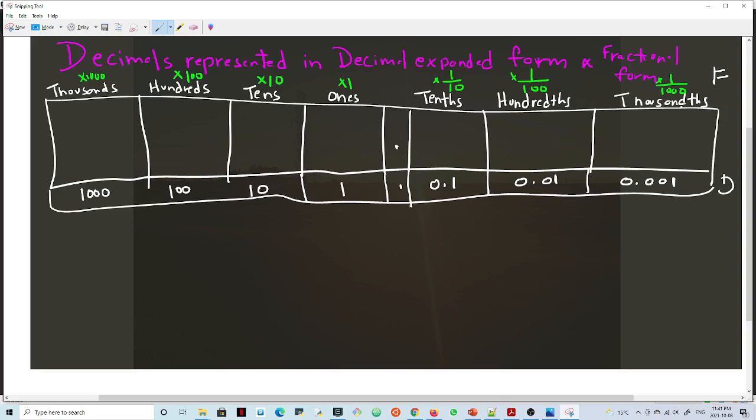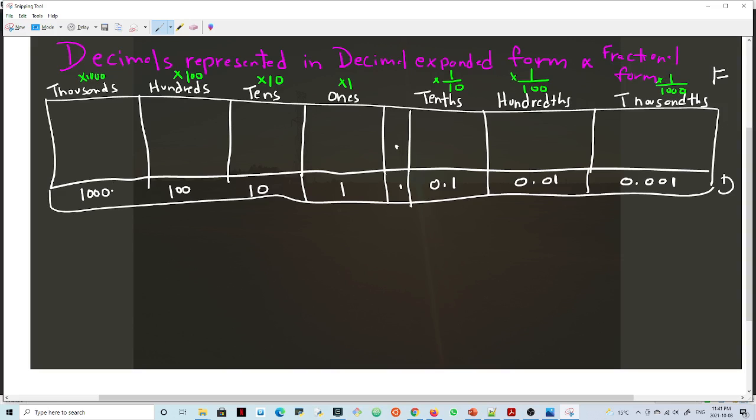And thousandths is 1 upon 1,000. That's a fractional representation. The same tenths can be represented in decimal notation as 0.1. The hundredths could be 0.01. And the thousandths could be 0.001. So we have the two formats here.